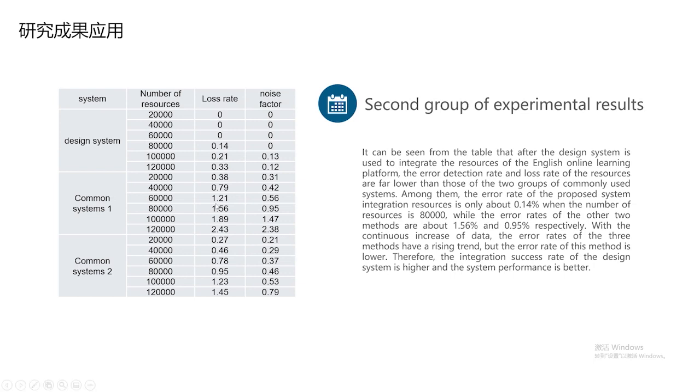From this table we can see that after the designed system is used to integrate the resources of the English online learning platform, the error detection rate and the loss rate of the resources are far lower than those of the two groups of commonly used systems.